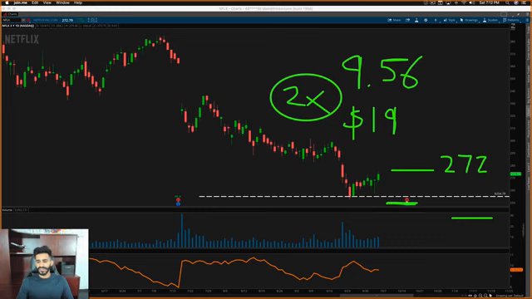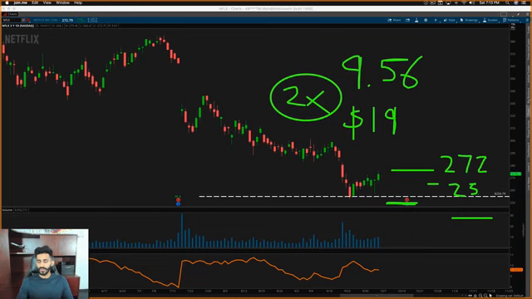But this kind of lines up to the same thing, because if you buy the stock at 272, our stop loss is at 253, so it's still at the same level. Based on our ATR, it would take about 2 trading days for the stock to go that low.